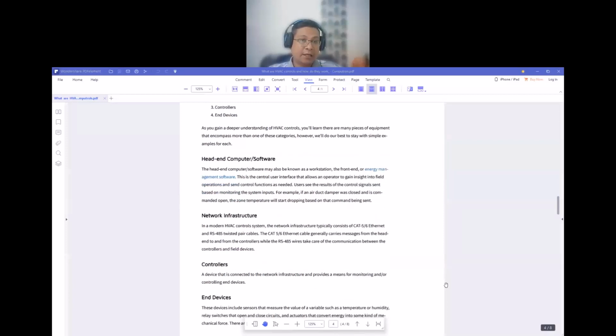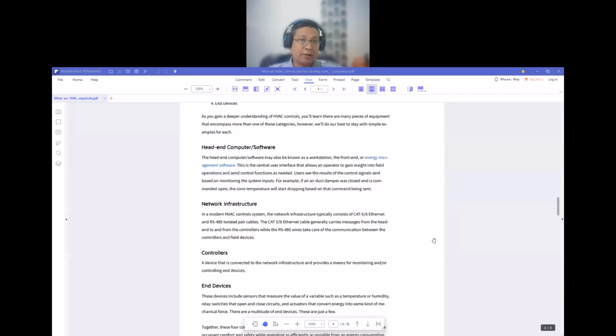Okay, let's say head-end computer software. The head-end computer software may also be known as a workstation, the front-end, or energy management software. This is a part of the controller in the HVAC system, and network infrastructure, and the controller means that we are reading there. So we have a display in that part, under the controller.